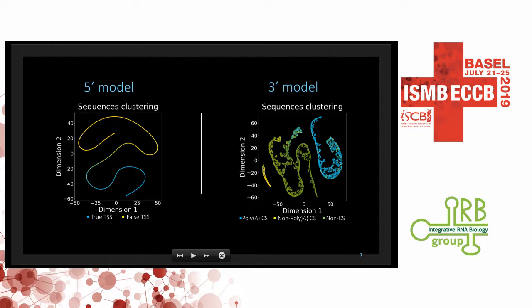We take the last hidden layer of our model, all the weights of all the sequences, and performed sequence clustering. Then we superimposed the real sequence labels onto this clustering to visualize. We can see the different colors have quite good separations, especially for the Threeframe model. You can see there's the little yellow cluster, which represents the non-poly A CS, and they are actually separate from the other two classes.